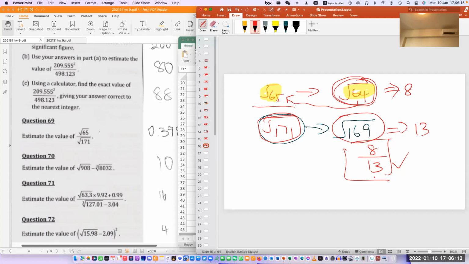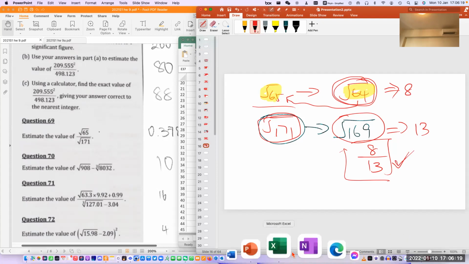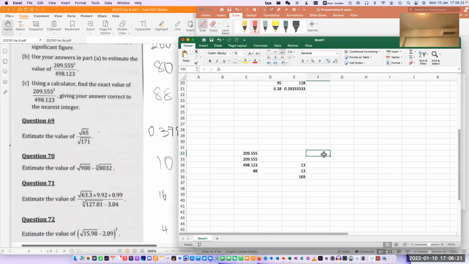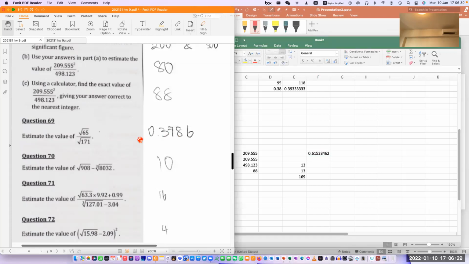If you get 8 over 13, this is the answer. It's good enough, so there's no need to change it. Let me just calculate the decimal value for this. 0.61538462. Yeah.